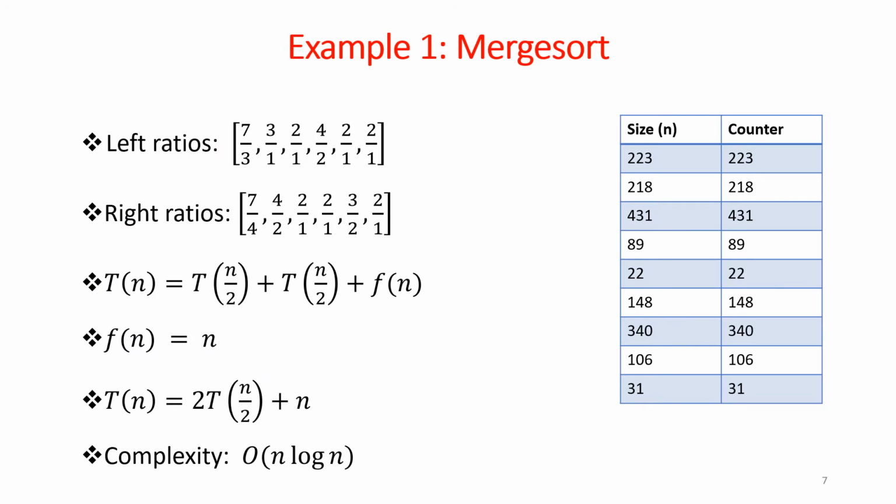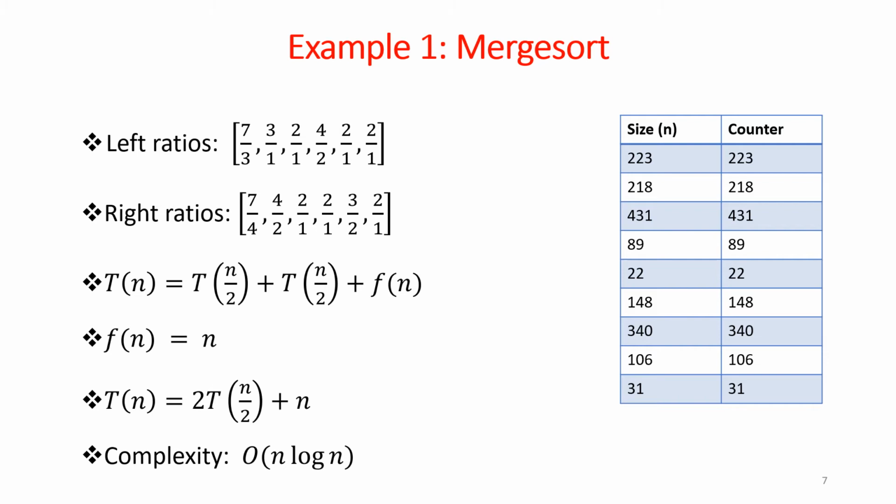As mentioned on the previous graph, Dynaplex computes the relationship between the size of input at the current node and the size of input at its children nodes. We also showed that with the left ratios, the input is always almost divided by 2, and with the right ratios, the input is always almost divided by 2.